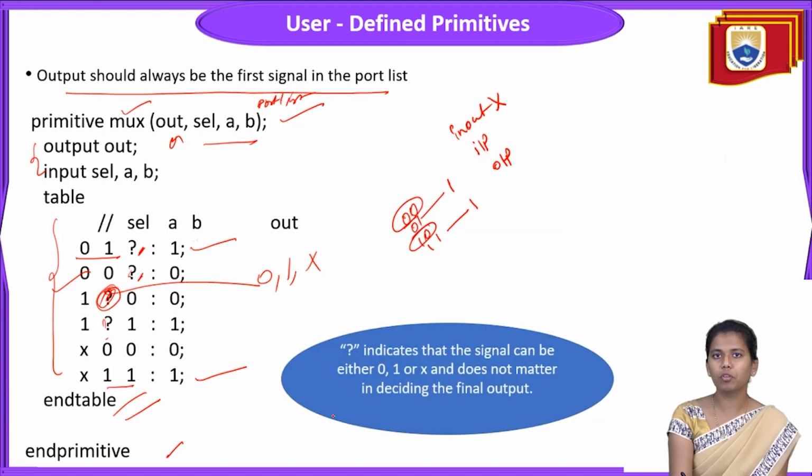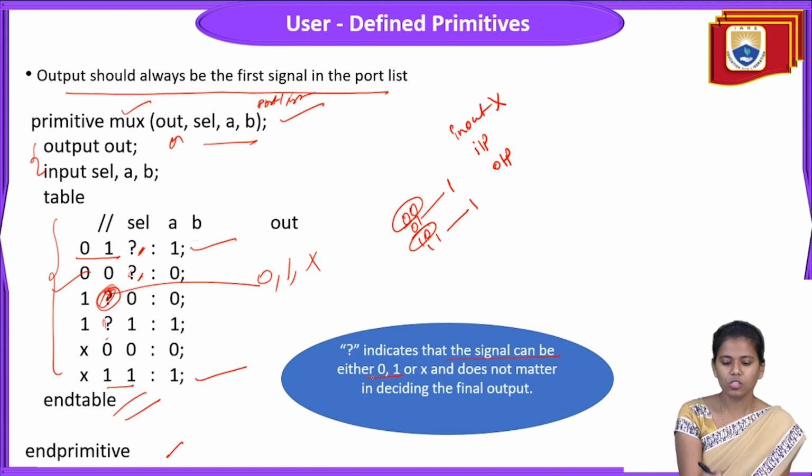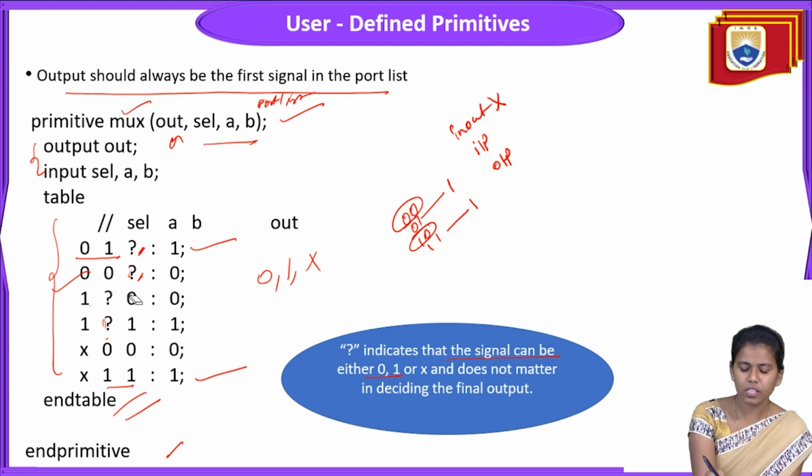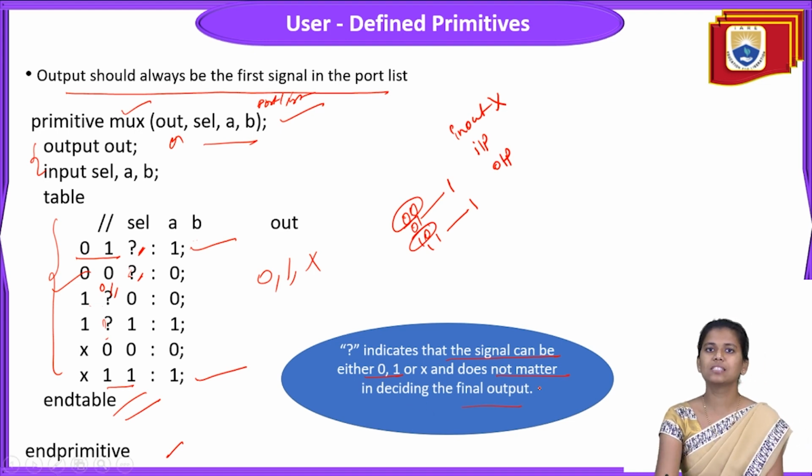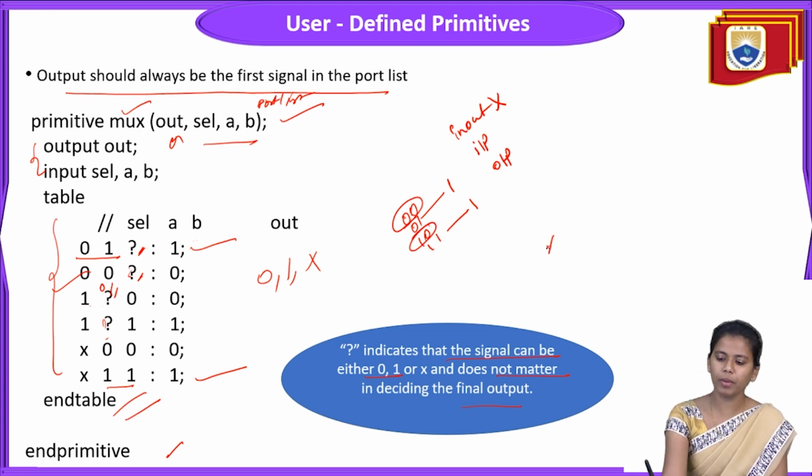Okay, so here I want to explain this. Here the question mark indicates a signal can be either 0 or 1. So here the signal can be either 0 or 1. So X does not matter in deciding the final output. As I said, X is a don't care value, so it doesn't matter. X could be either 0 or 1.